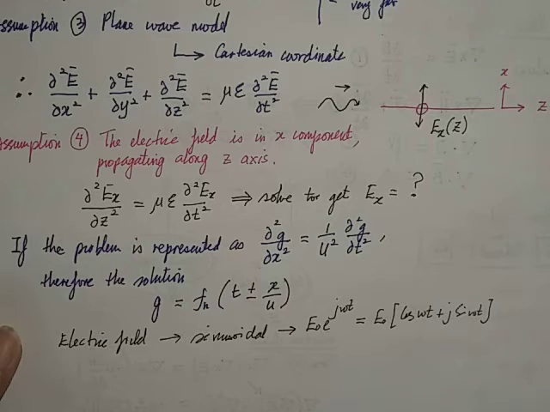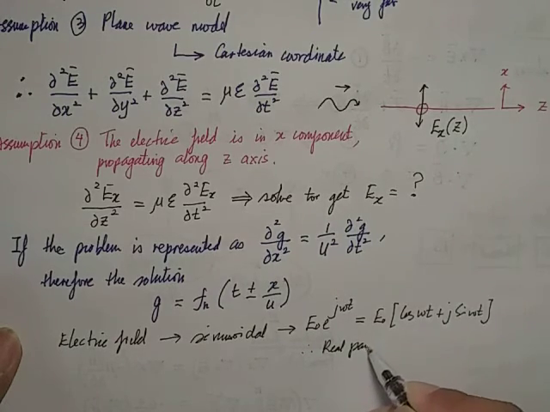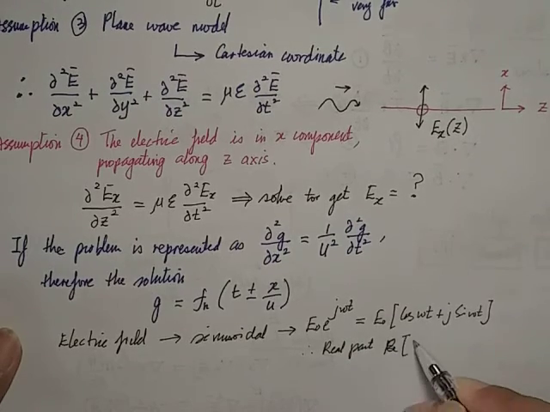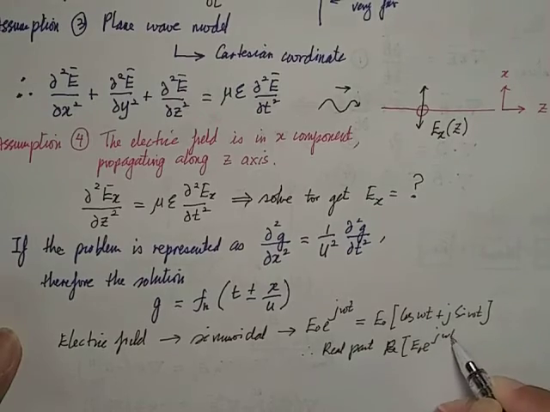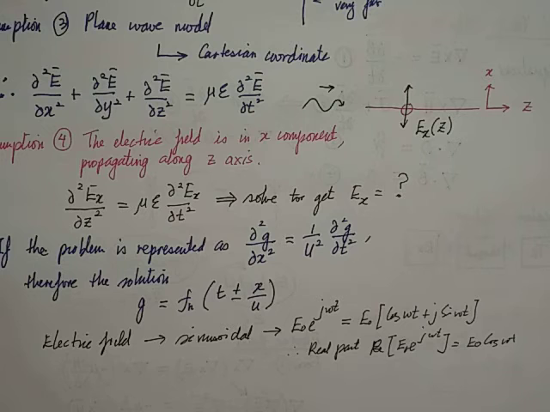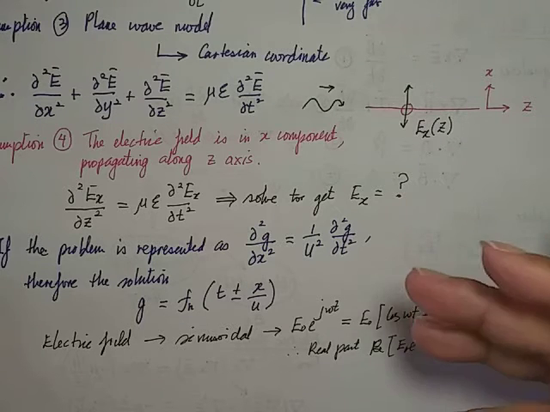And usually in our situation, to make this model simple, we only take the real part. We state that E is the real part of E naught exponential j omega t, which is E naught cos omega t. Therefore, whenever we solve a problem based on this simplified assumption, our final solution is always different from the measured value, because the measured value has a complex value involving real and imaginary parts.